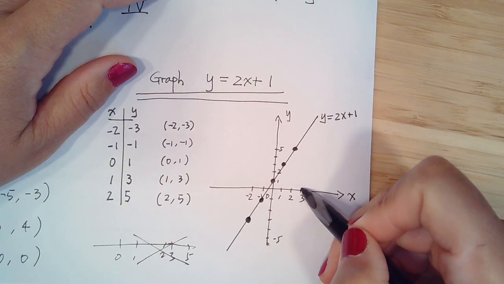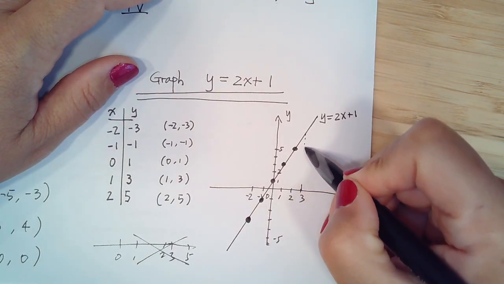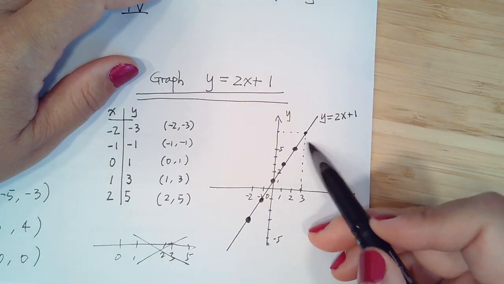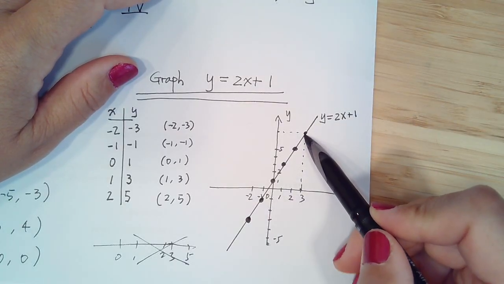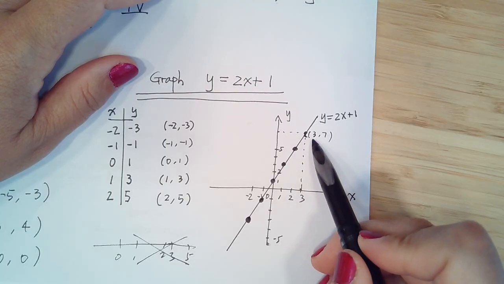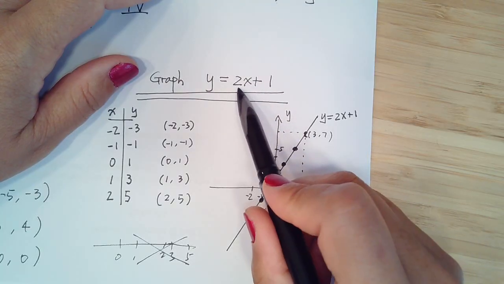see 3 here? This point, that's 3, 7. And if you put 3 here, 2 times 3, which is 6, plus 1, that's 7.